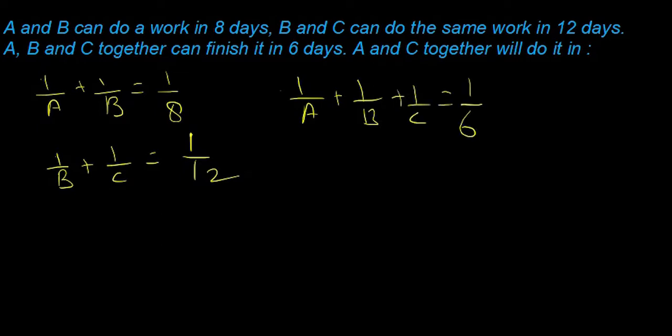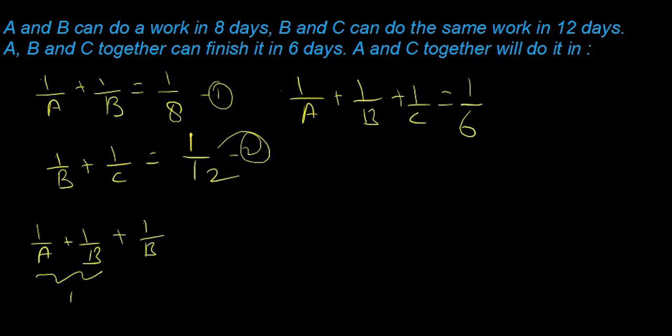Let's sum up equations 1 and 2 so that we can do something further. You will get 1/A plus 1/B as equation number 1, again 1/B plus 1/C is equal to 1/8 plus 1/12. So this is the first method you can use.